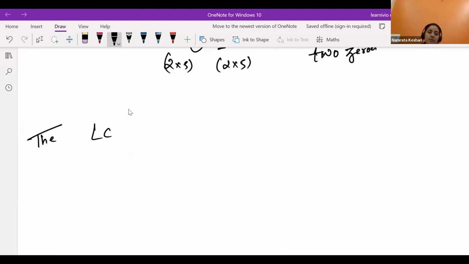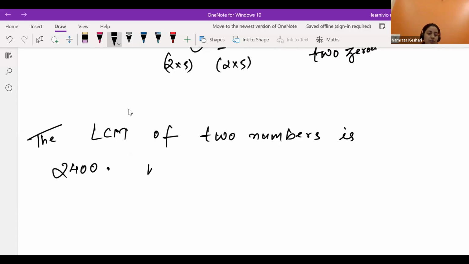The LCM of two numbers is 2400. Which of the following cannot be their HCF?